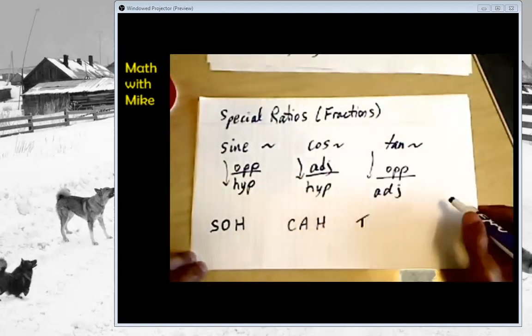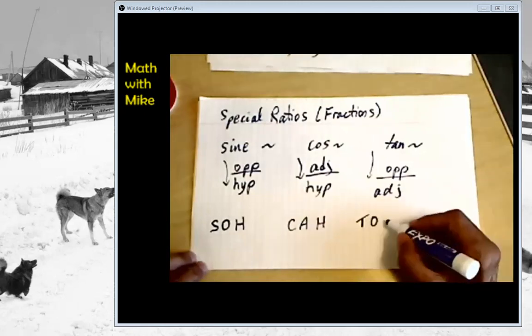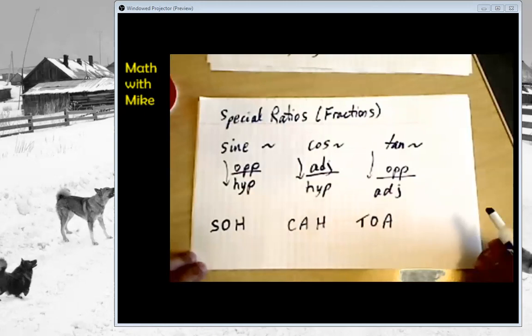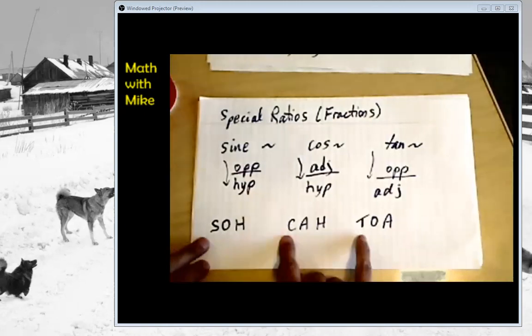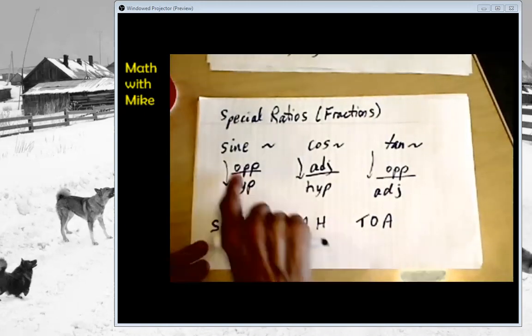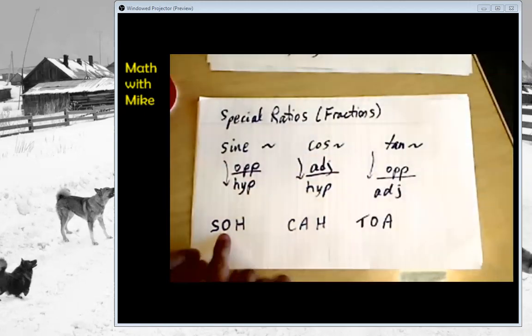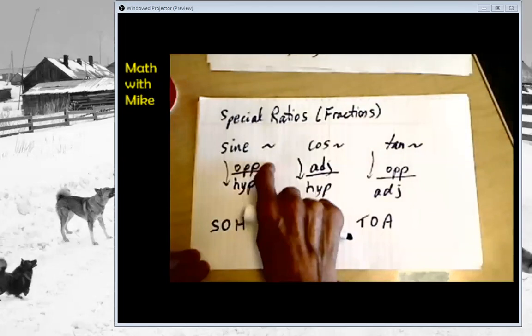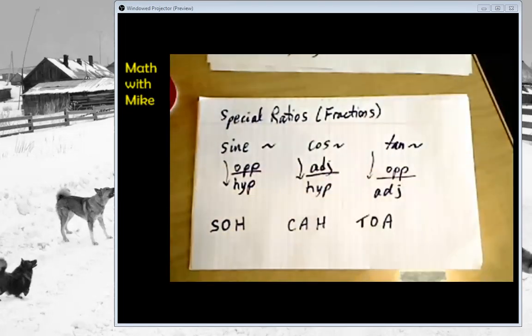T for tangent, O for the opposite, and then A for adjacent. So remember, the first letter is for the name. Second letter is for the top. Third letter is for the bottom. It matters that opposite is on the top, that adjacent is on the top over there. Okay.